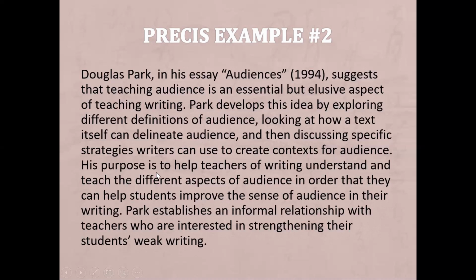His purpose is to help teachers of writing understand and teach the different aspects of audience in order that they can help students improve the sense of audience in their writing. Park establishes an informal relationship with teachers who are interested in strengthening their students' weak writing. Now for this one, go ahead and analyze on your own and see if they used all the requirements that is needed for a rhetorical precis.